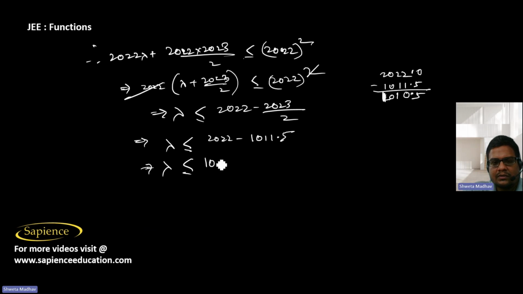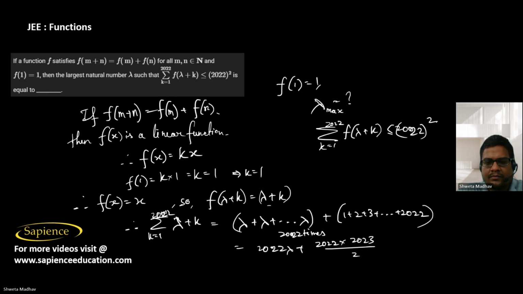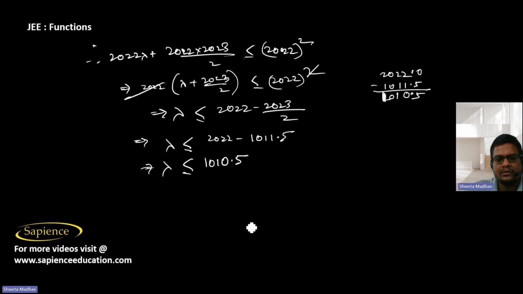So this will be 1010.5. Therefore the maximum value of lambda will be equal to 1010.